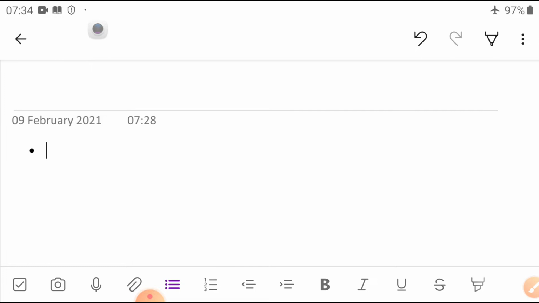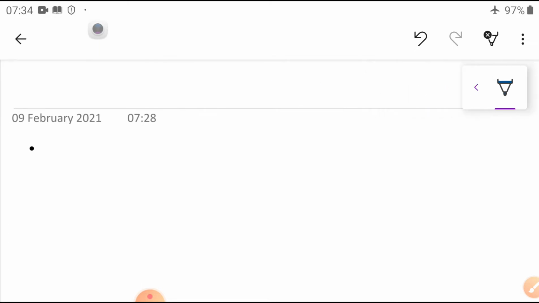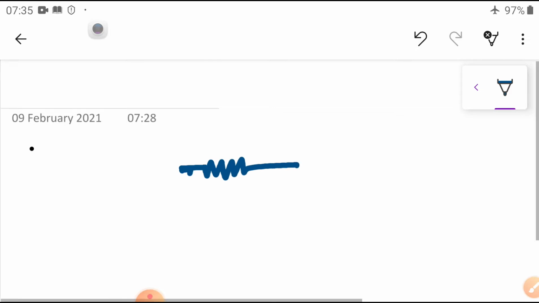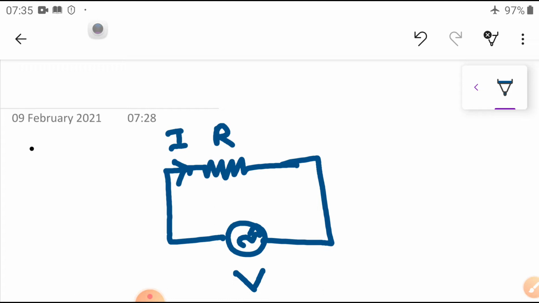Let me recall what we have seen in the previous class. We know that if the resistance is connected across AC supply, then this is V, this is called I, this is called R. Then what is the relation?